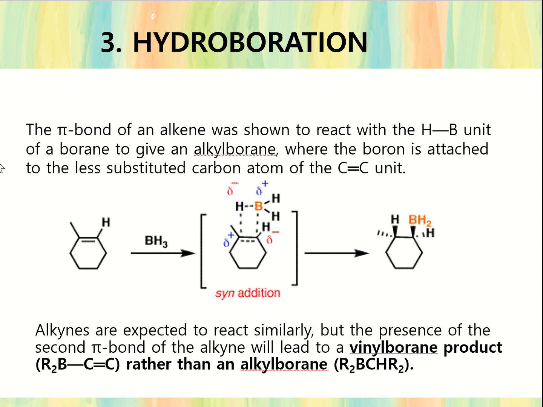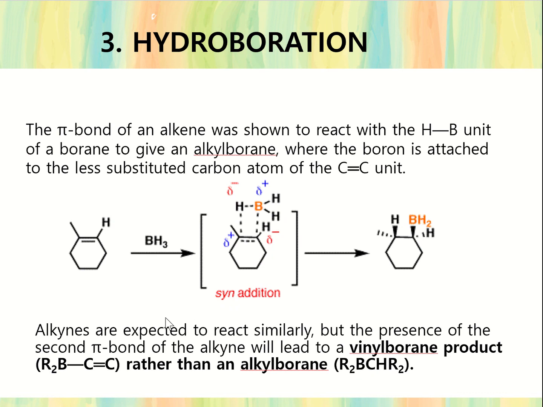So here we have our double bond, right? And then in the presence of our borane, we can have the boron being attached to the less substituted carbon of the unit, right? So clearly we have a double bond and we have a methyl, so one is more substituted than the other. So the boron will attach to the one that is less substituted. That's what we're saying.